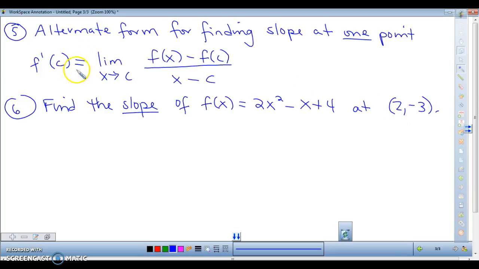Then you can use this alternate form in which c is going to be 2.